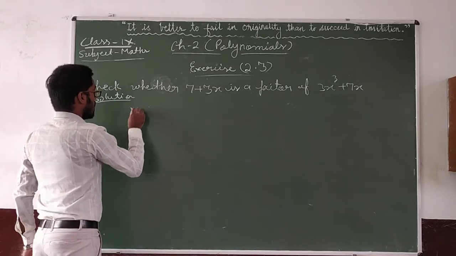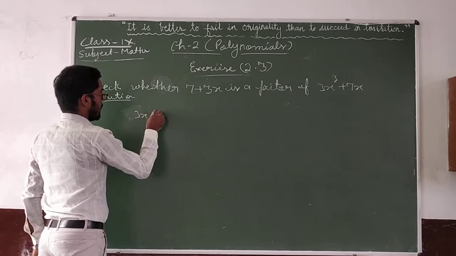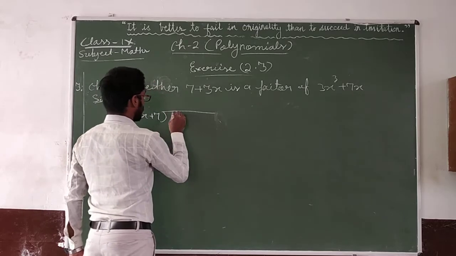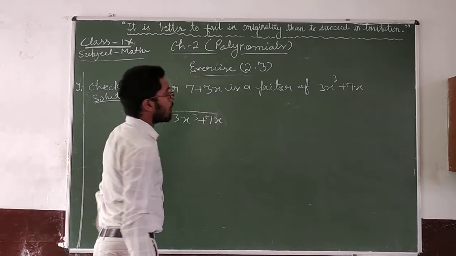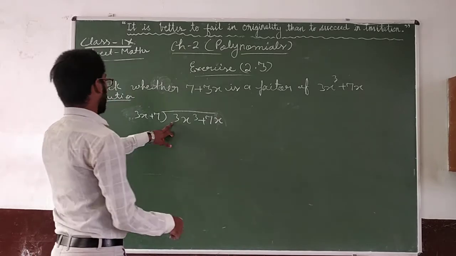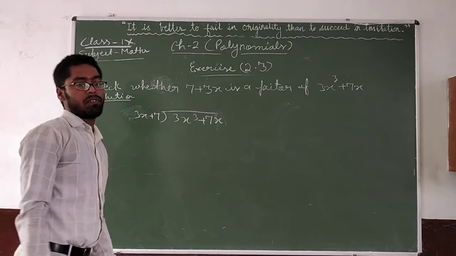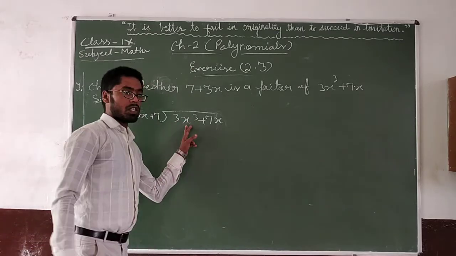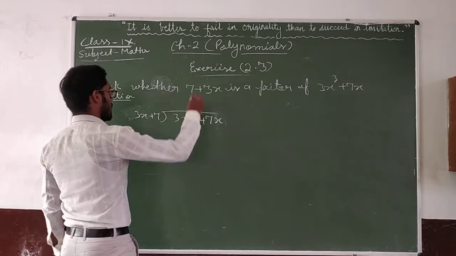So here 7 plus 3x, otherwise you can write 3x plus 7, that is the divisor, and here the dividend is equal to 3x cube plus 7x. Okay, start dividing. In the dividend there is a plus sign. In the dividend there is x cube and you have only x, so x square is required.